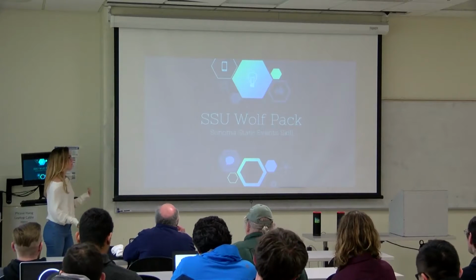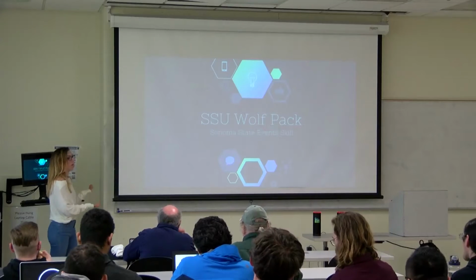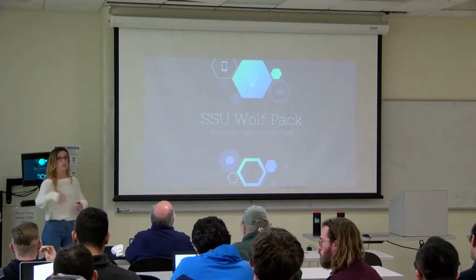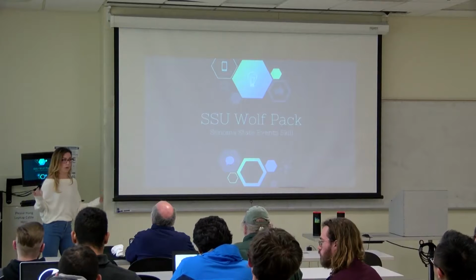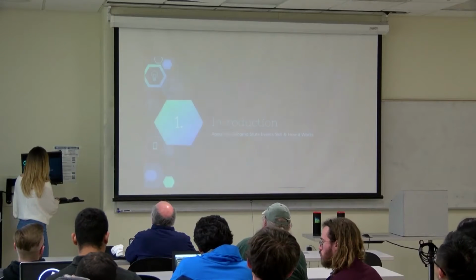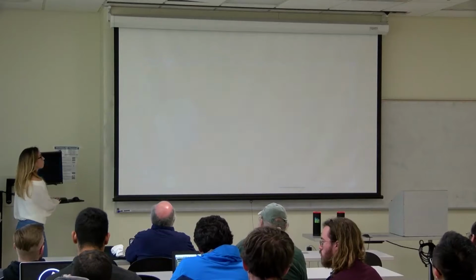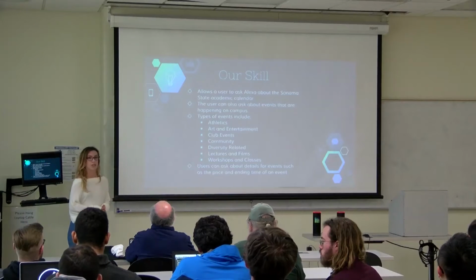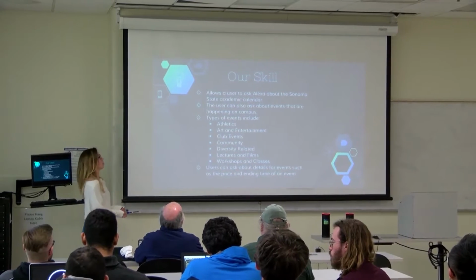So a skill is basically, she has many built-in skills, so you could say, what is the weather like today in Rohnert Park, and she'll give you this whole blurb of what the weather is today. So that's a skill, and we had to design our own. So what we did was an events skill, or kind of like an events calendar for Sonoma State.